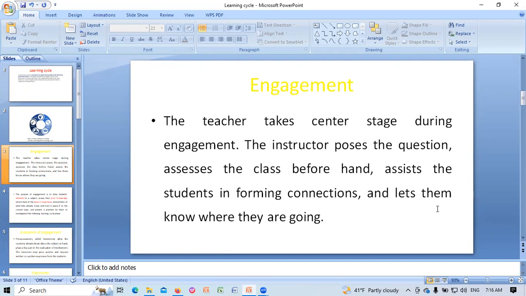The teacher poses the question or problems, asks the class beforehand, assists the students in forming connections, and lets them know where they are going. That is the engagement.